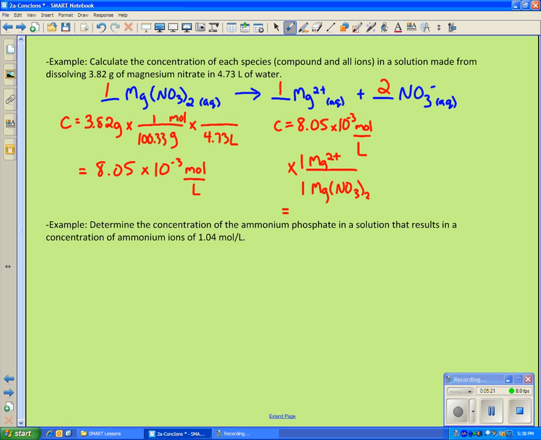So again, this one comes out to be exactly the same number numerically, but now we're looking at moles per liter of magnesium ions.